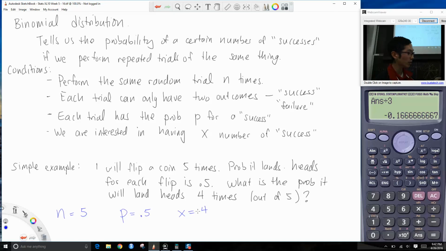So we're at n is 5, x is 4. Then we go to the right and find the column where p is 0.5. You see that? What is the value we see there? I'm getting 0.156. My answer is 0.156.